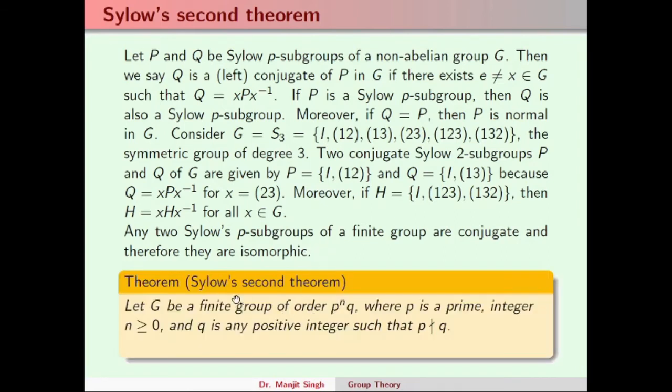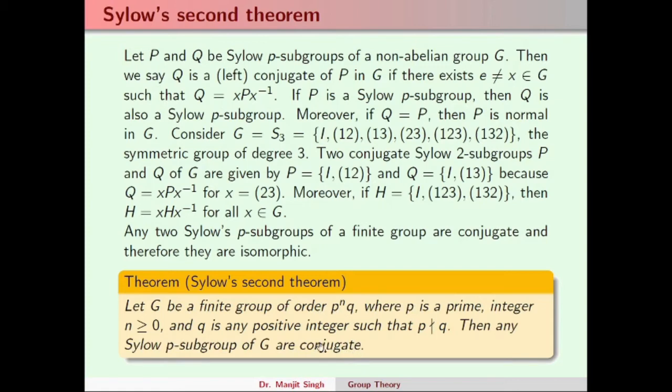Now we state here Sylow's second theorem. G is a finite group of order P raised to power n q with the conditions we have discussed earlier. Then any Sylow P-subgroups of G are conjugate.